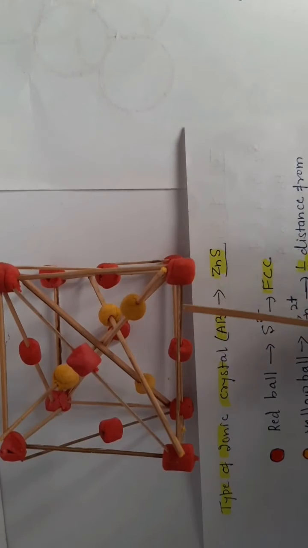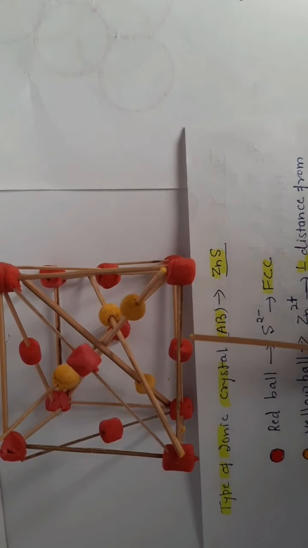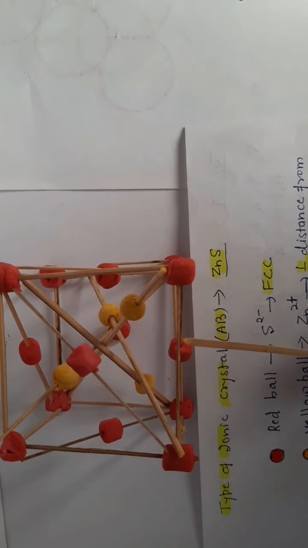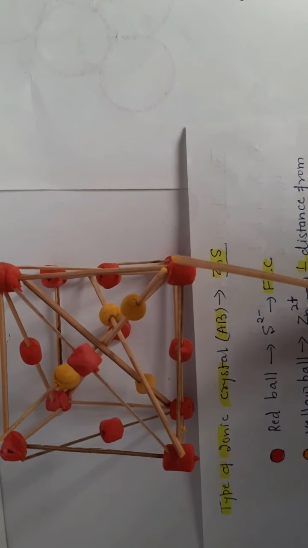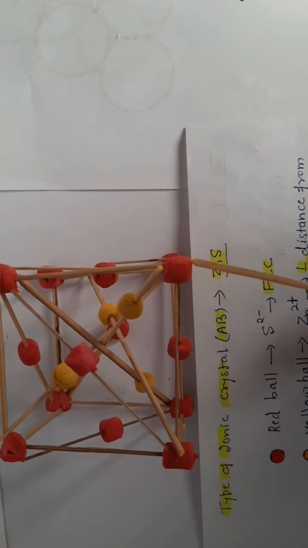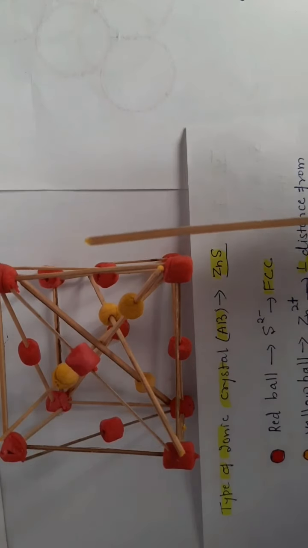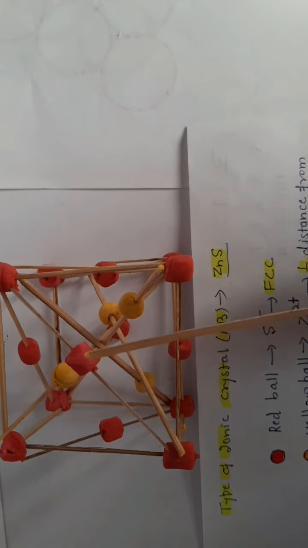This corner is common between 3 phases, and each phase contains one sulfide ion placed at the phase centered position, and that is why this yellow ball will be surrounded by 4 neighboring atoms: 3 sulfide ions present at the phase centered positions of the 3 phases which are common for this corner, and the 4th atom is this corner atom itself. So this is surrounded by 4 neighboring atoms, 1 corner and 3 phase centered sulfide ions.